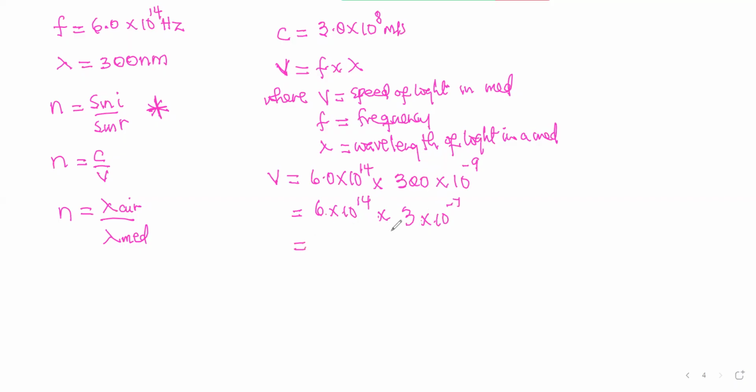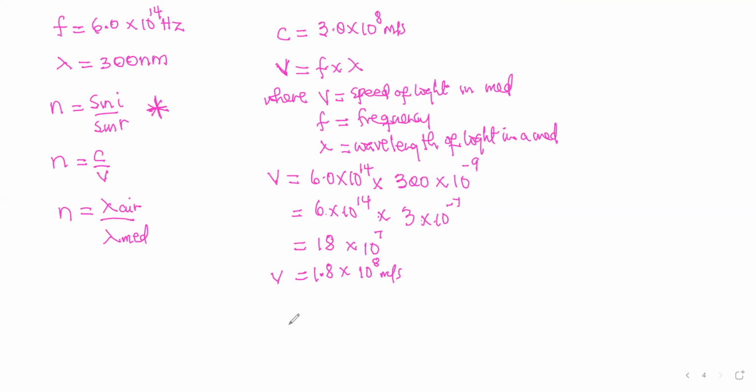So we have 6 times 3, 18, times 10 exponent 14 minus 7, which is 7. When we shift the decimal place by 1, we have 1.8 times 10 exponent 8 meters per second. So this will be the velocity of light in a transparent medium.